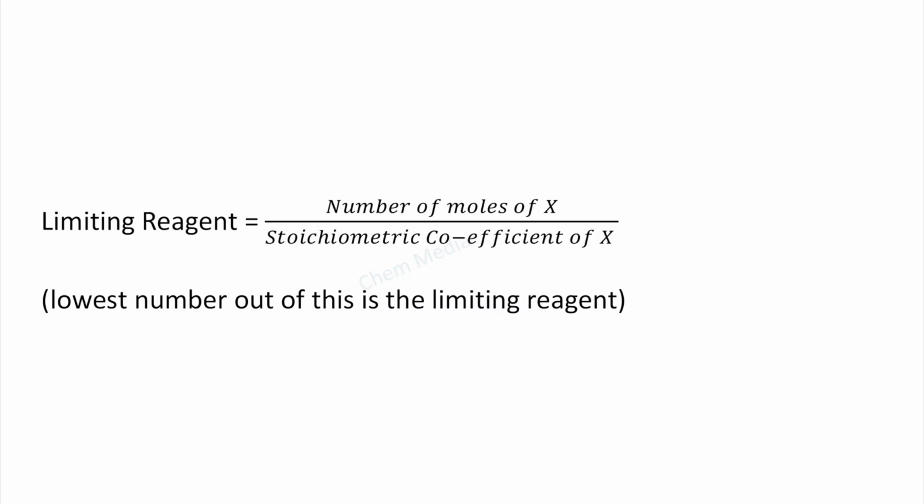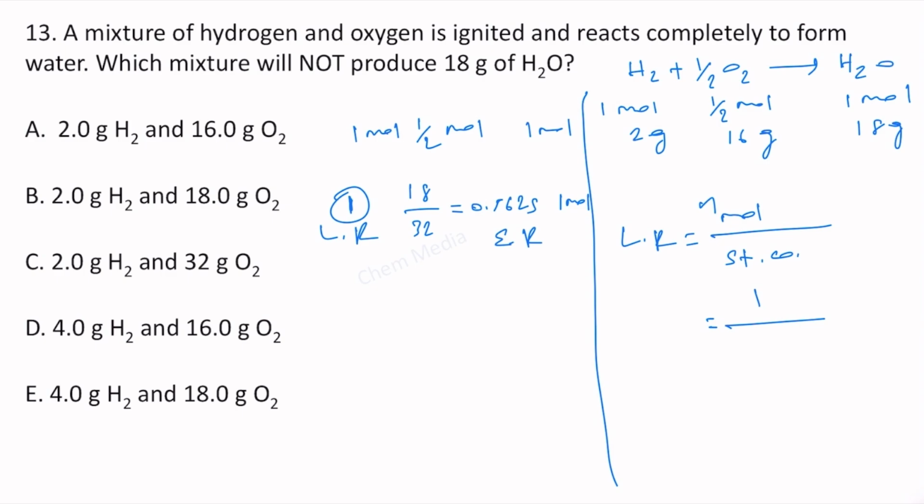For H2 we have 1 mole, the stoichiometric coefficient is also 1, and therefore that is equal to 1. But when it comes to O2 here, what will happen? This will be 0.5625 and the stoichiometric coefficient is 1 by 2, that is 0.5, and therefore if you divide that, this will be 1.125. Therefore, this is excess. H2 is not the one that is excess. Therefore, you will get exactly 1 mole here. You will not get more than that.